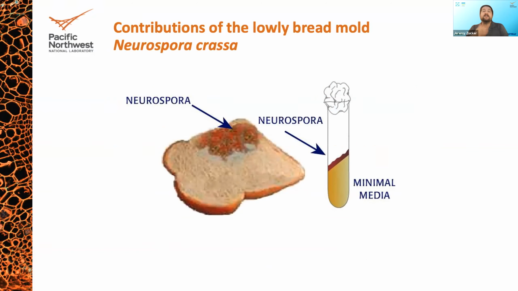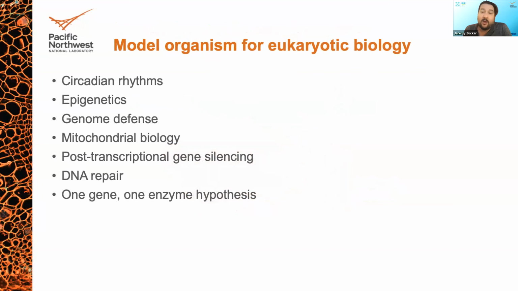The filamentous fungus Neurospora crassa was first discovered as an orange mold infestation of Paris bakeries in 1843 and has since become a model organism for eukaryotic biology. Work on Neurospora has led to essential discoveries in circadian rhythms, epigenetics, genome defense, mitochondrial biology, post-transcriptional gene silencing, and DNA repair.